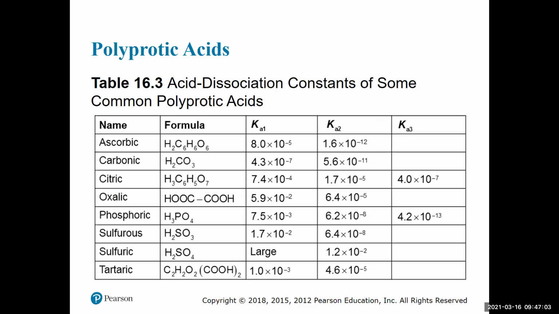And here are some examples of this. Citric acid, for instance, you see 10 to the minus 4, 10 to the minus 5, 10 to the minus 7. Citric is one that will donate, because those Ka's are very similar. Oxalic is kind of on the edge.